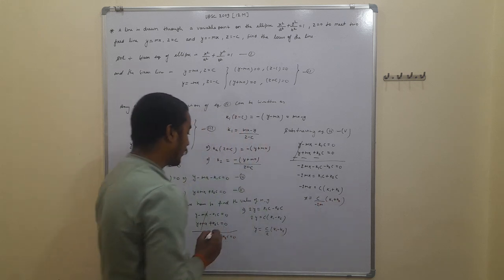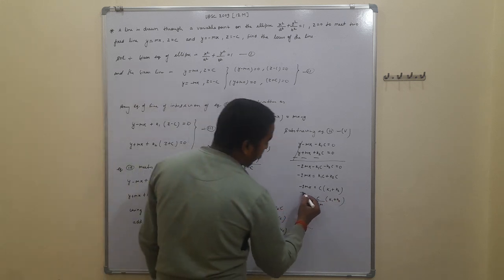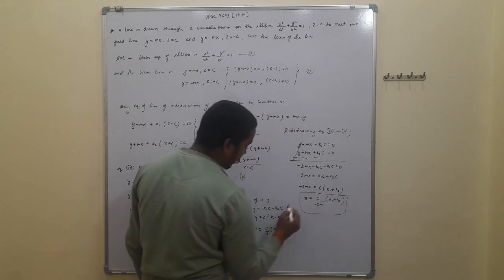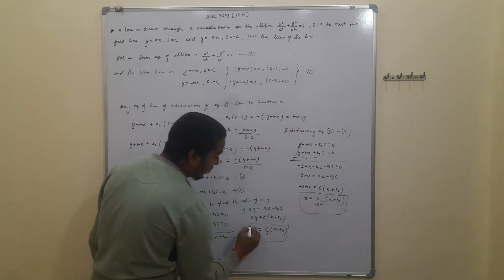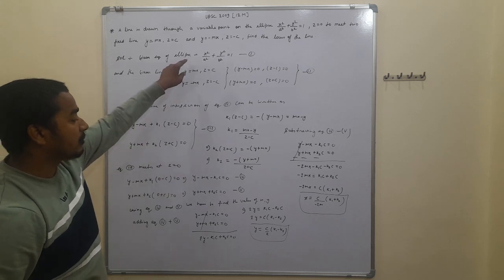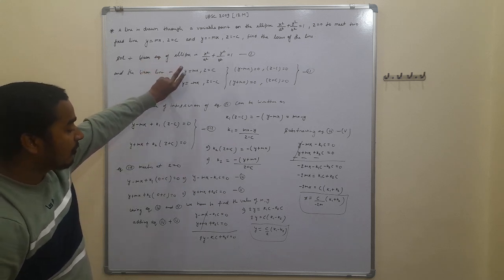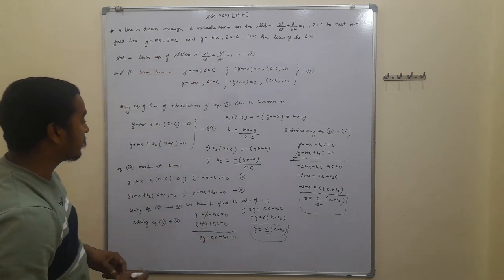The value of x and y, this is the value of x and this is the value of y, satisfied the equation of ellipse. So we have to put the value of x and y in the given ellipse.